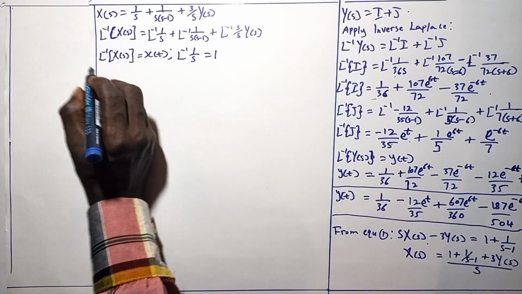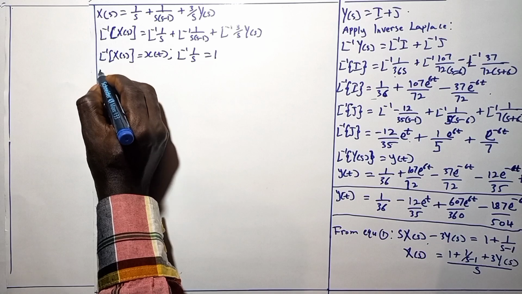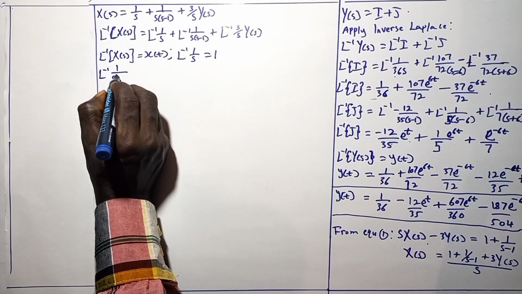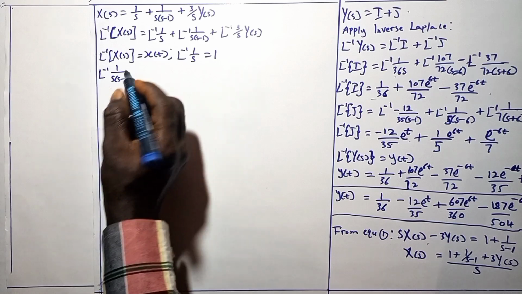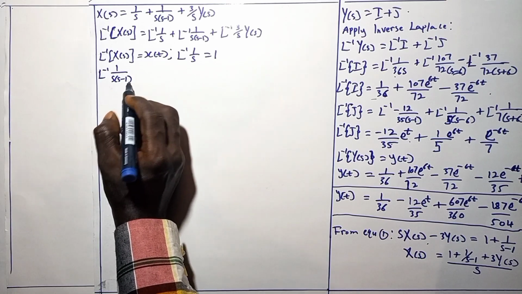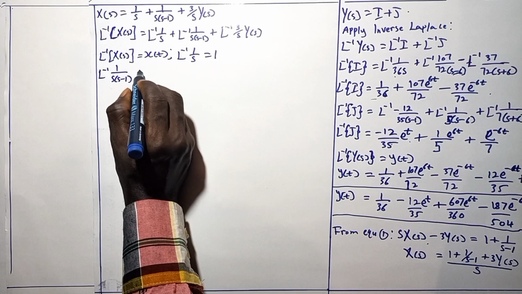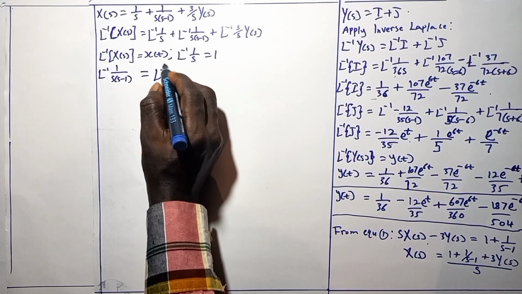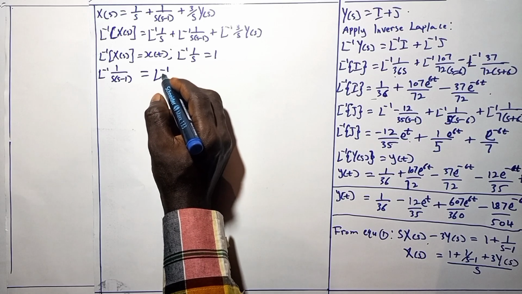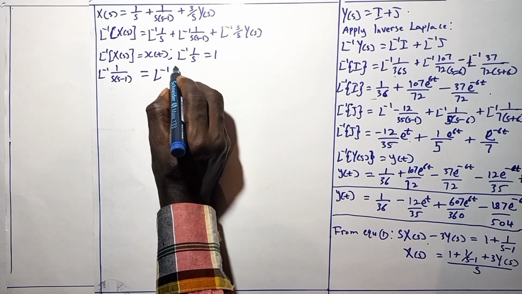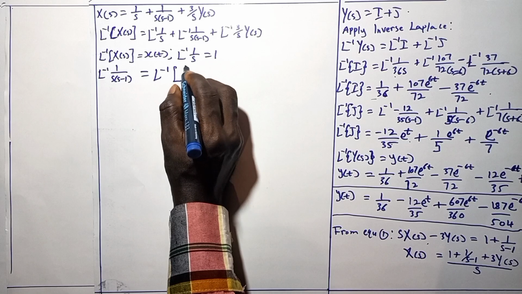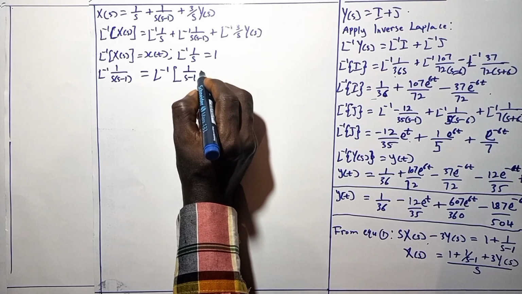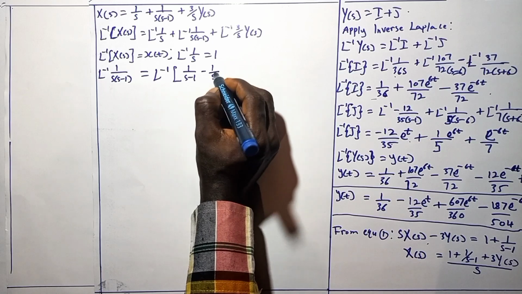Then for inverse Laplace of 1 over s(s minus 1), we just need to split this into partial fractions, which gives us 1 over s minus 1 minus 1 over s.